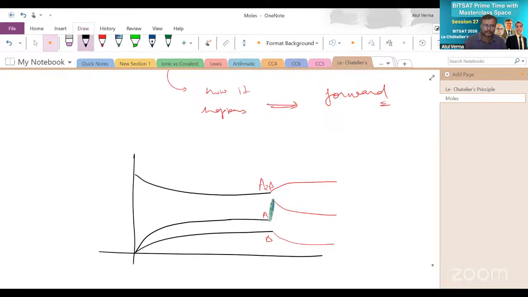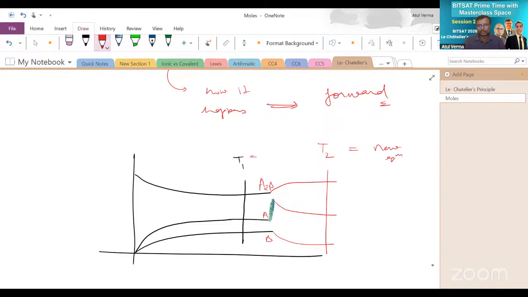The best part about this is that if you consider that at T1 they were at equilibrium, a previous equilibrium, and at T2 they are at a new equilibrium. So at T1, friends, what was it?